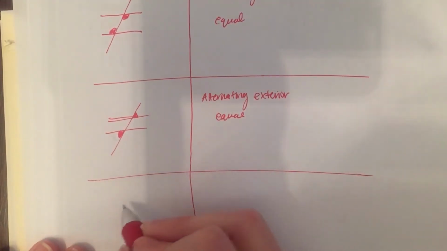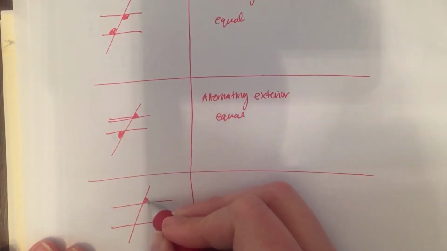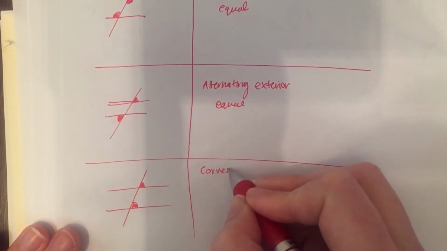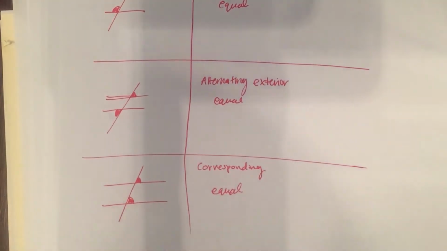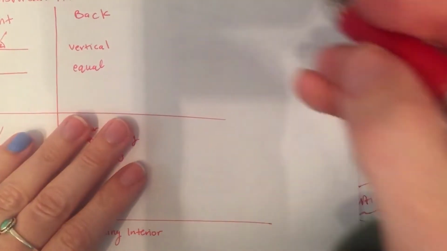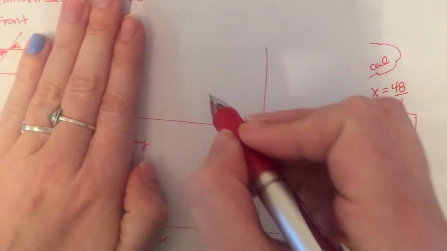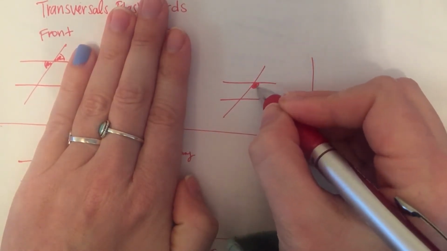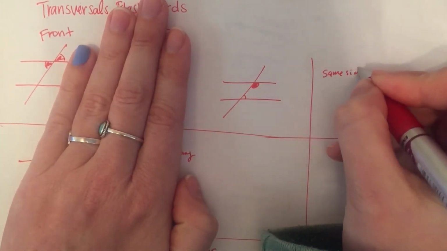Then, if I have this top right corner and this top right corner, they will be called corresponding. They are also equal in size. If I have a transversal and I have the inside here and this one there, they are same side interior.